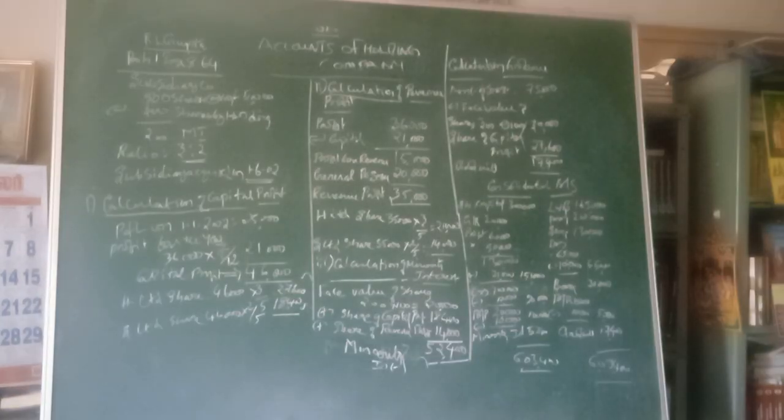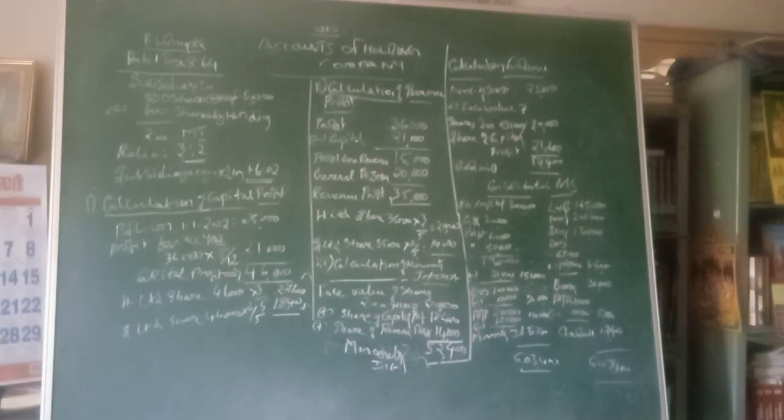Then the third calculation is the calculation of minority interest. What is minority interest? Shares where the major part is contributed by the holding company and a meager part by others. That comes to 200 shares. 200 into 100 rupees face value is 20,000, plus S Limited's share of capital profit, 18,400, and share of revenue profit, 14,000.